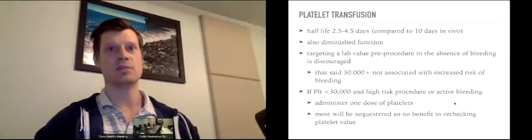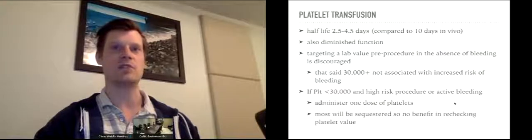Therefore, in patients with cirrhosis and splenomegaly who are scheduled to undergo high-risk procedures, do not use preoperative platelet transfusions to achieve a particular number, unless counts are less than 30. In that case, you may decide to transfuse 1 adult dose of platelets. Remember, though, that the peripheral count is unlikely to change significantly after transfusion of platelets due to splenic sequestration. Therefore, there's no benefit in rechecking platelet count after administration.